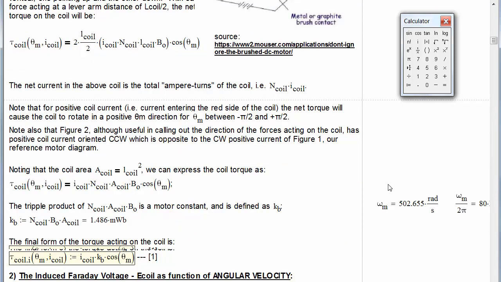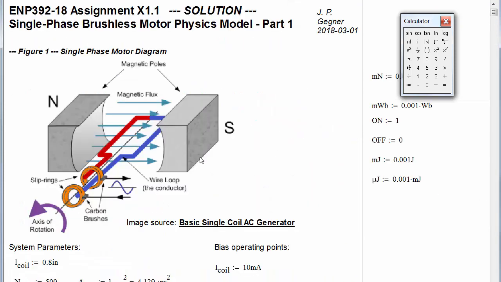I didn't mention that here, but the positive of the coil is the red and the negative is the blue, and positive current enters the red and comes out of the blue. So I'm using passive sign convention for the coil. Passive sign convention is one where the positive current goes into the positive labeled voltage node.